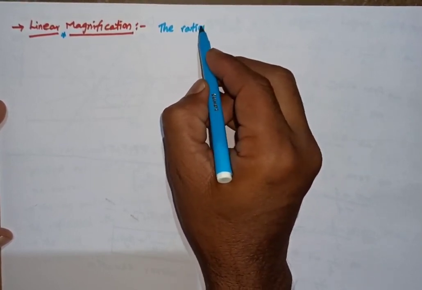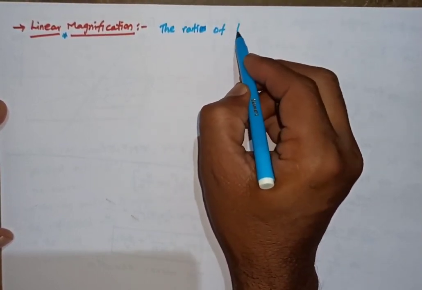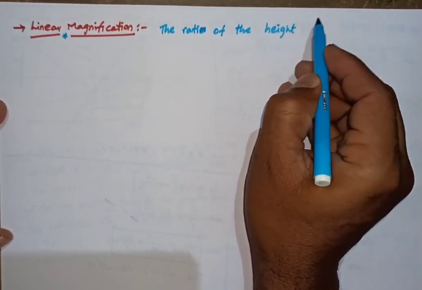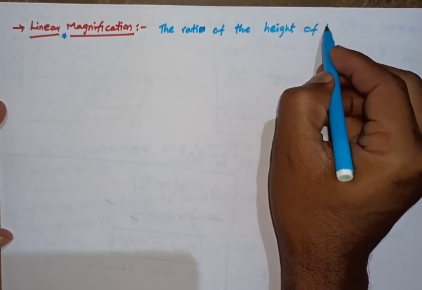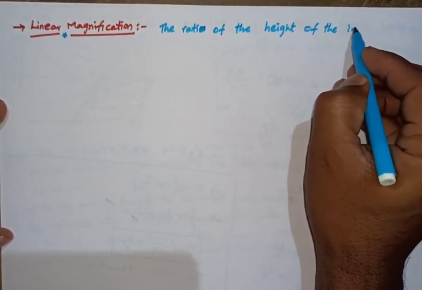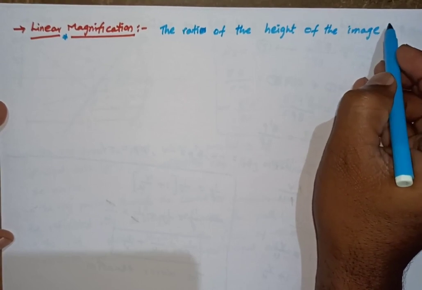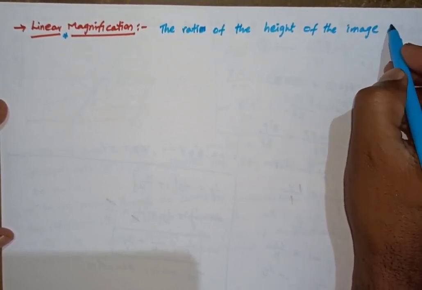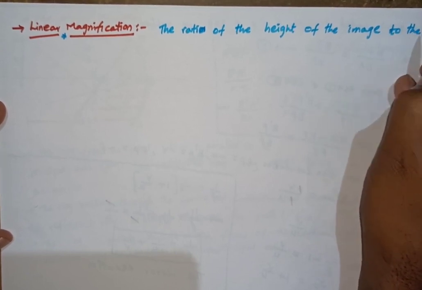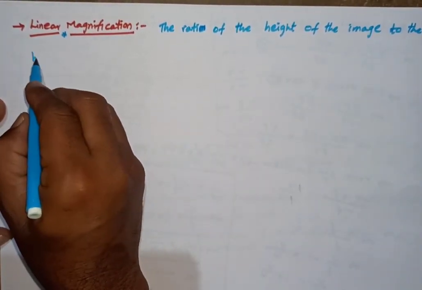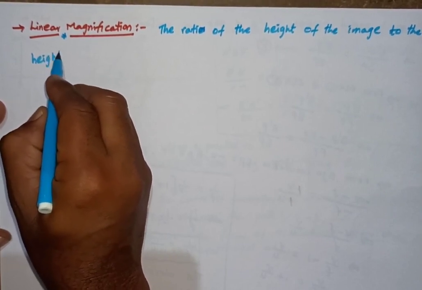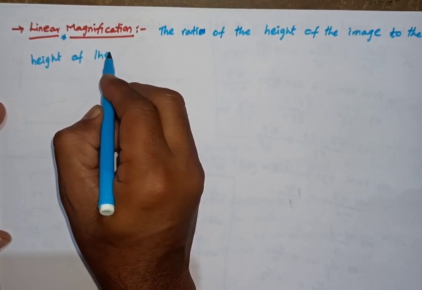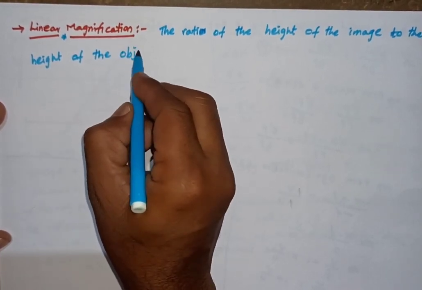the height of the image to the height of the object.